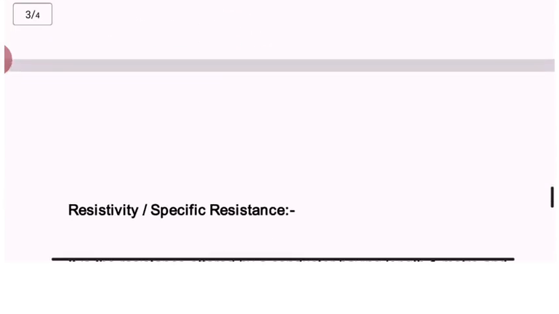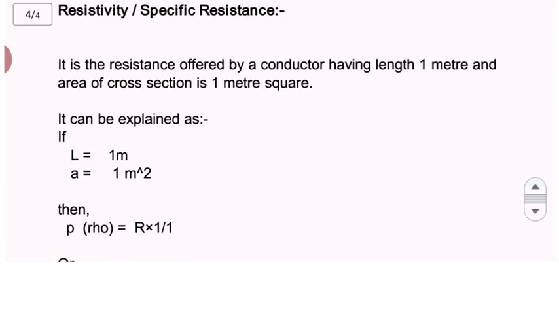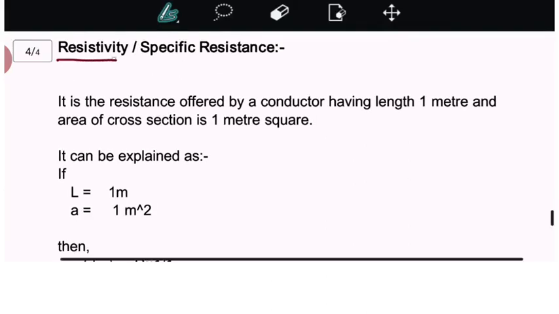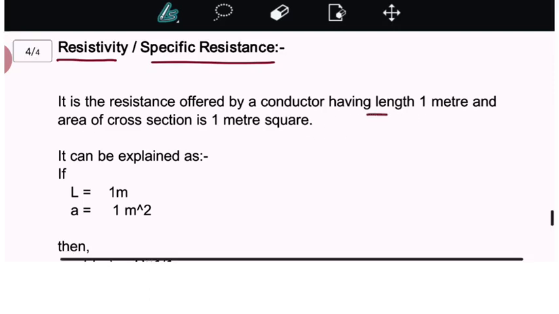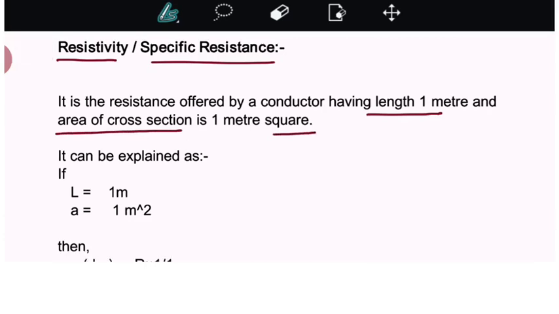And then you have to study resistivity, that is, what is the resistivity or specific resistance. At present you have seen it is a proportional constant, but what will be its value, that also you have to study. If the resistance is offered by a conductor having length 1 meter and area of cross section 1 meter square, then that is called resistivity. Why?